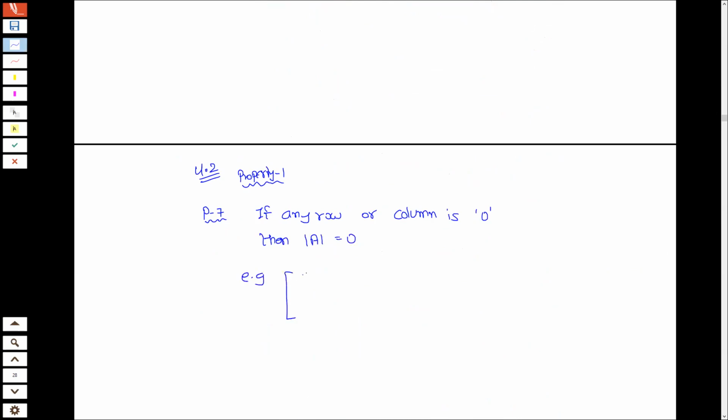For example, if I have 0, 0, 0, 1, 2, 3, 4, minus 1, 2, whatever it may be, in this case the value of the determinant will be 0, because if we expand using this row, obviously 0 into anything will be 0.